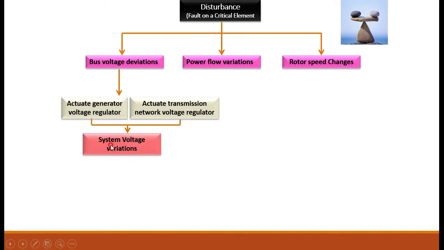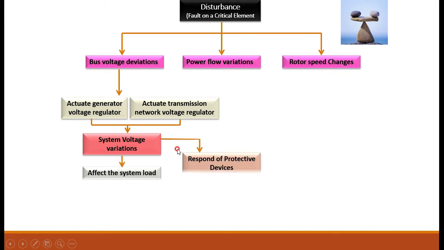Because of the bus voltage deviation, there is a system voltage variation that is counterbalanced by actuating the generator and the transmission network voltage regulator. If you do not take appropriate action, then it affects the system load as well as the response of the protective devices.